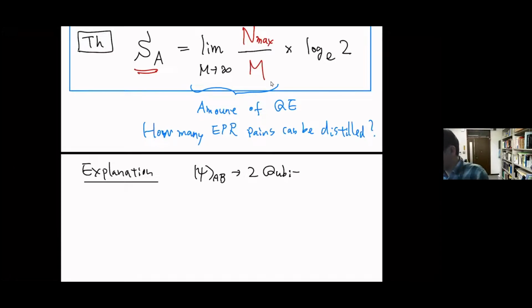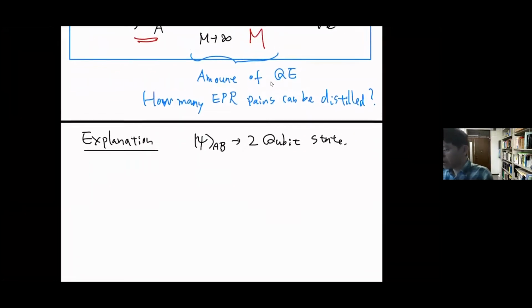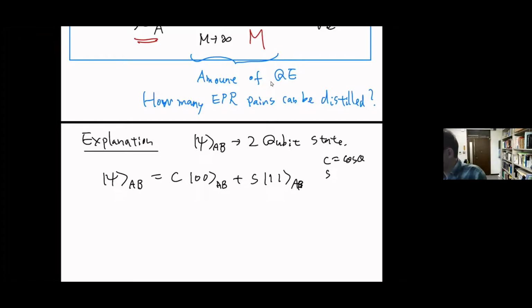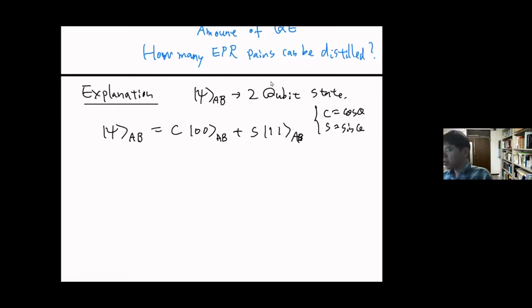You can rewrite an n-qubit state in terms of 2-qubit states by taking a limit. Here I go back to the previous example: psi AB is cosine theta |00> plus sine theta |11>. For simplicity I write C for cosine theta and S for sine theta. This is a very basic state.